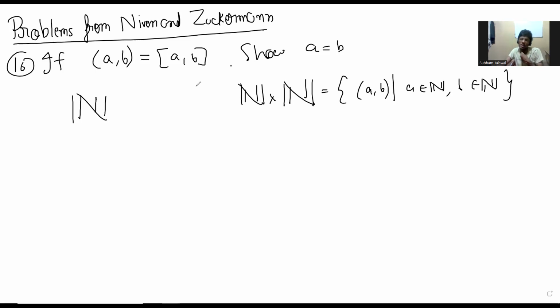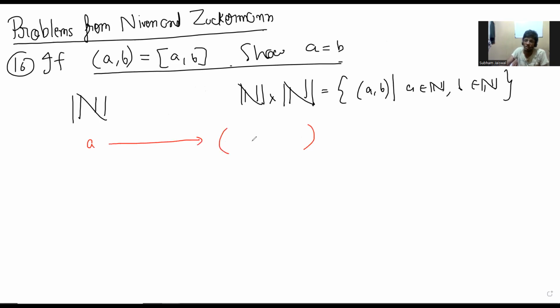What this problem is saying, one way to see it, is you take any number and you send it to a pair of numbers. What pair of numbers will you send it to? Oh, hold on. What am I saying? No, sorry. That doesn't make any sense. So if I take a number, can I do the GCD? Just 1 minute.